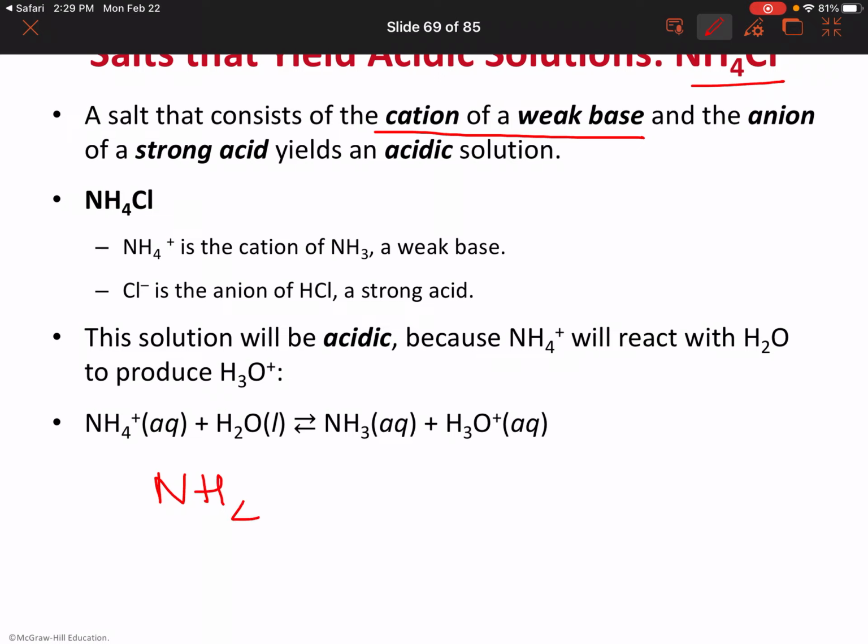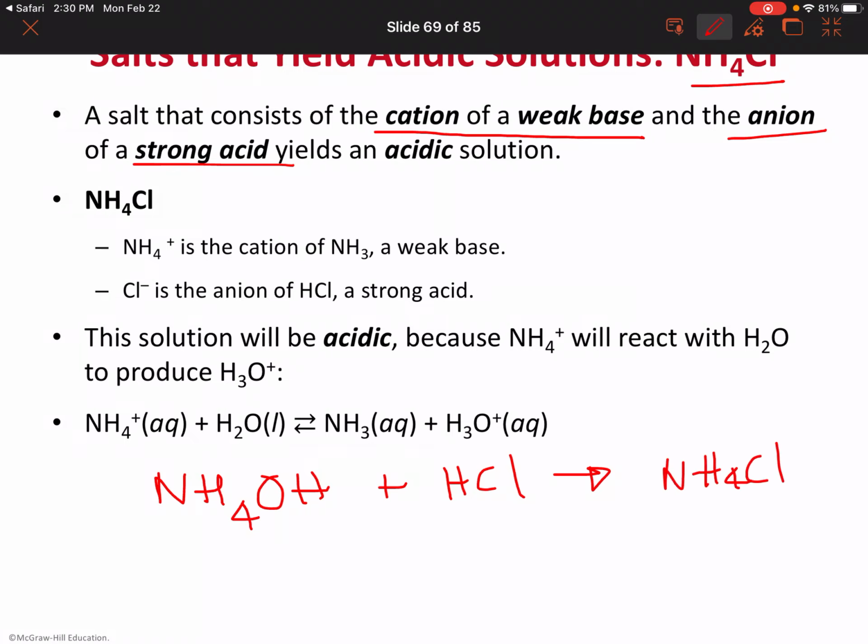Let's say ammonium hydroxide is the form of ammonia. And the strong acid, hydrochloric acid, gives the anion of a strong acid. These two together give you ammonium chloride and water. Now this is the salt.